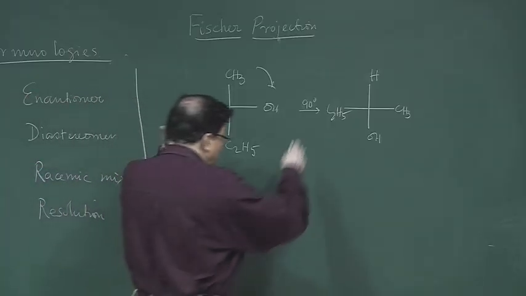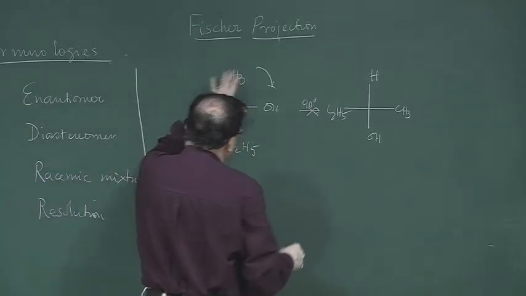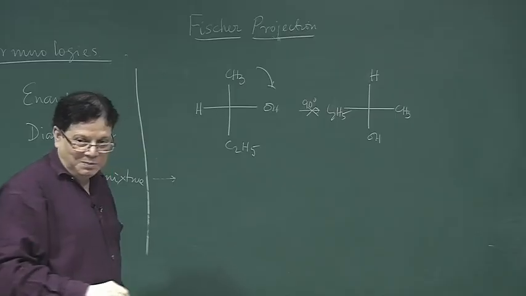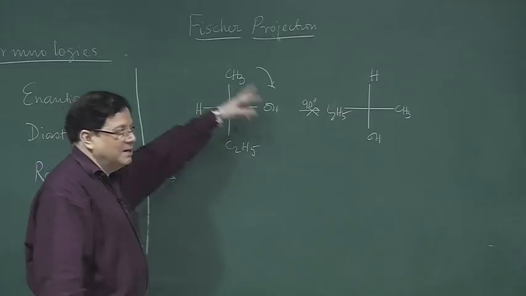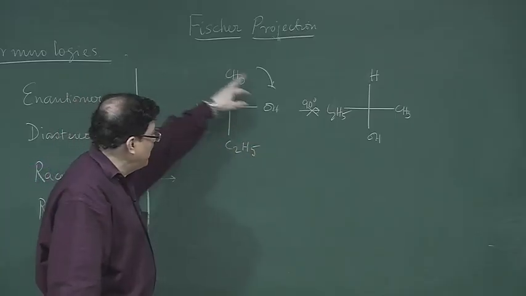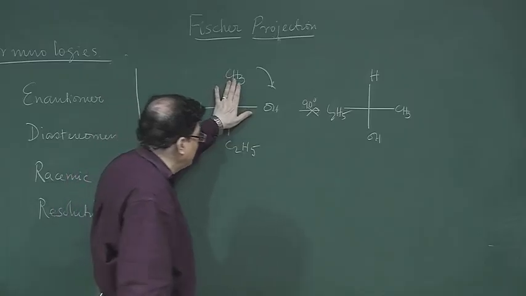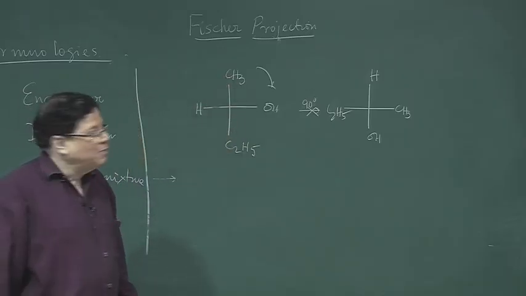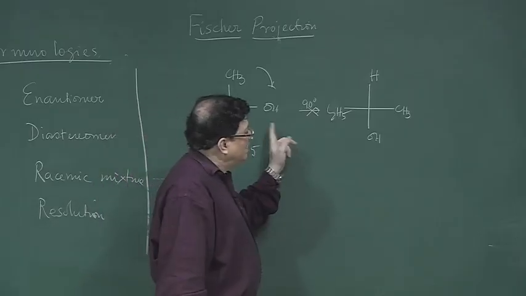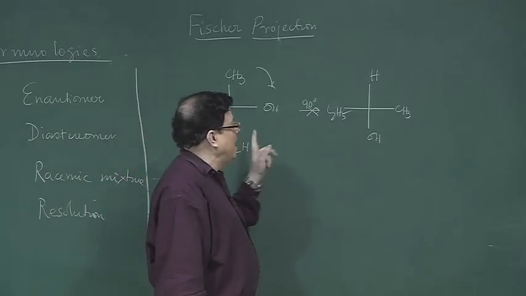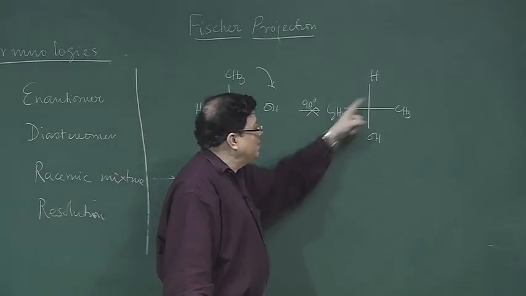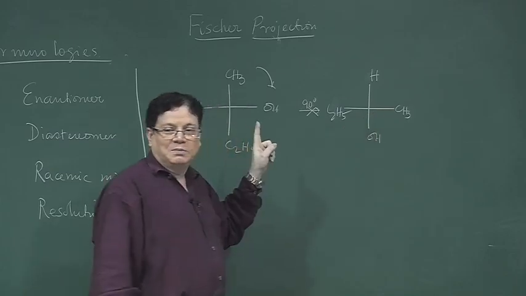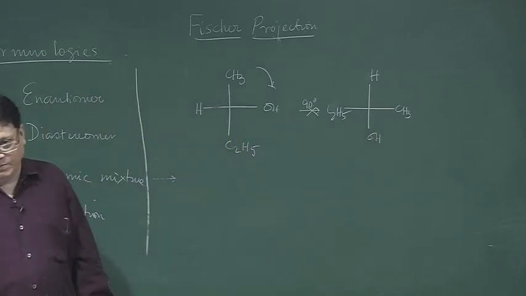What is the first rule? You cannot rotate the Fischer projection formula by 90 degrees in plane. You are keeping this whole thing in plane and rotating it by 90 degrees. That is not possible. Interestingly, you can try that this actually becomes the mirror image of this one if you do this 90 degree rotation.